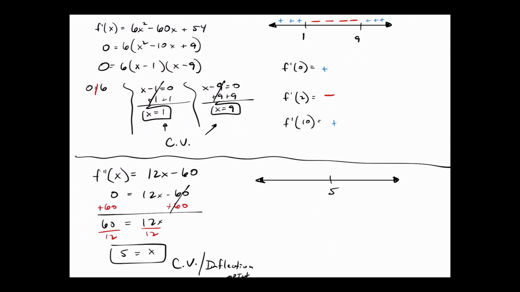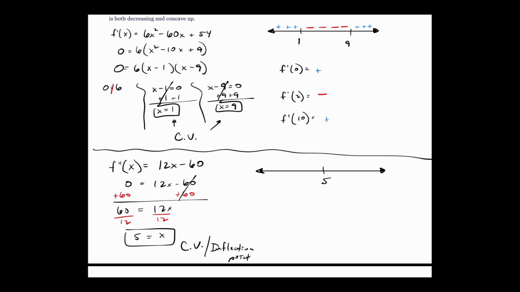Last step, figure out, okay, so it's either concave up before 5, or concave down before 5, and then the opposite after 5, right? So we want to figure out. Okay, so I'm going to plug in 0 for a number before 5, because 0 is nice. So 12 times 0 minus 60 is going to be negative 60.